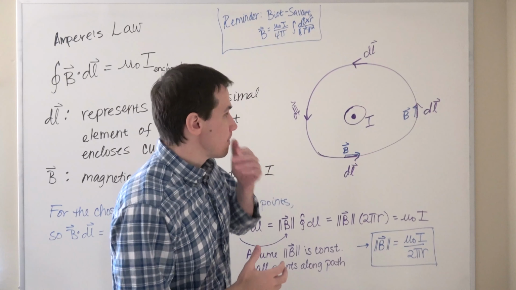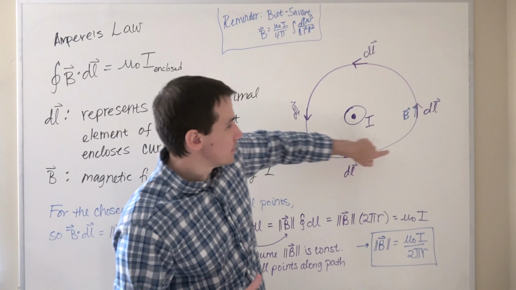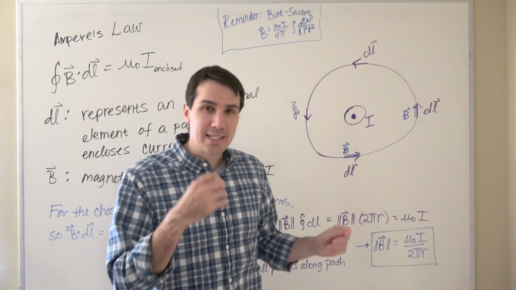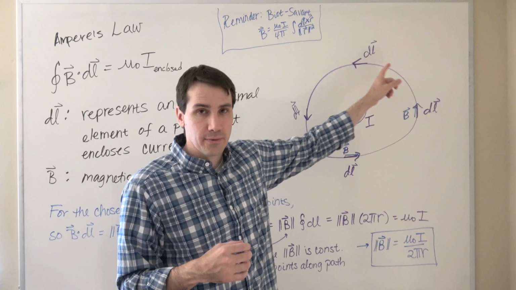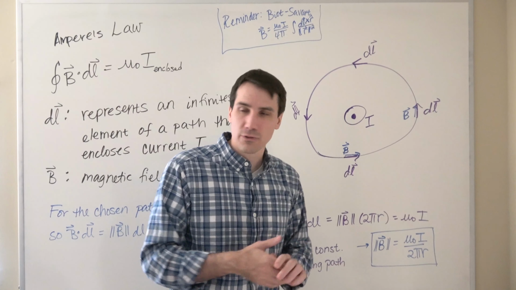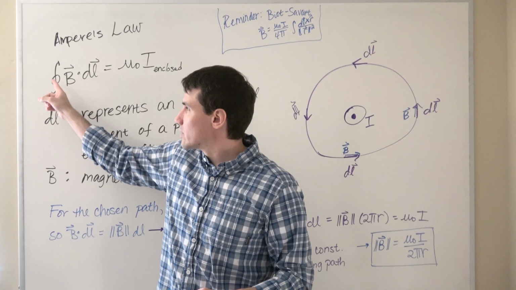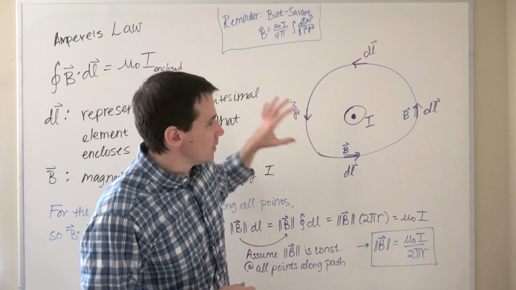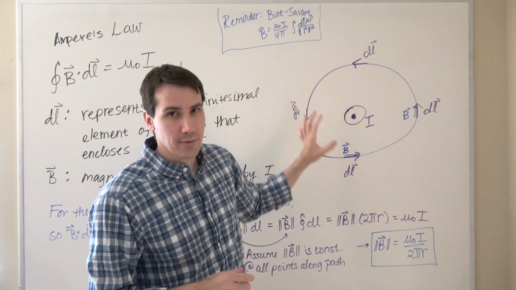So we're going to pick some loop and take an integral all the way around the loop. We take a loop and we integrate around it.